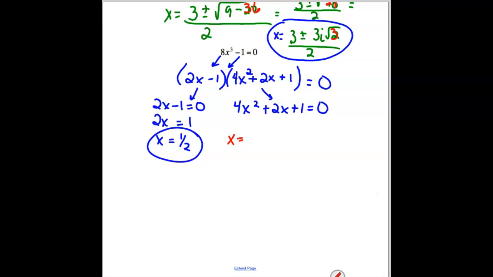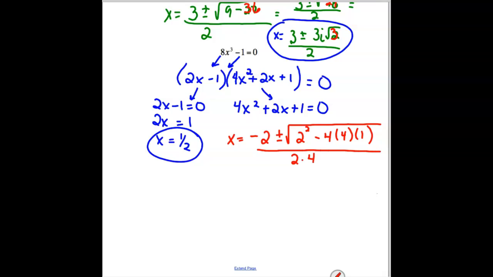X equals the opposite of b, so negative 2, plus minus square root, b squared, so 2 squared, minus 4 times 1, all over 2 times a. So x equals negative 2 plus minus our big square root.